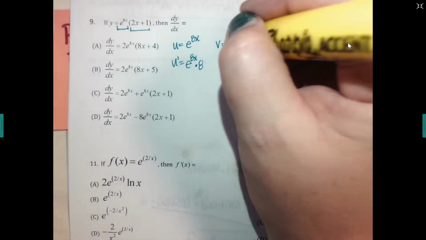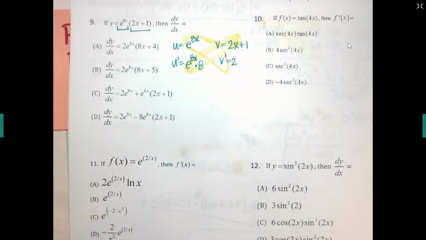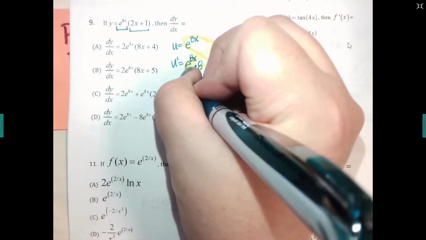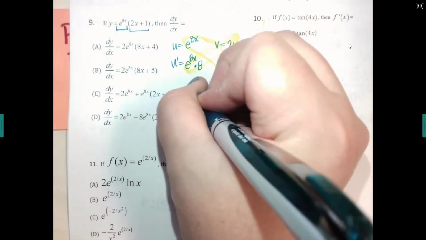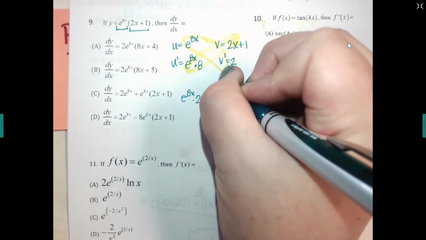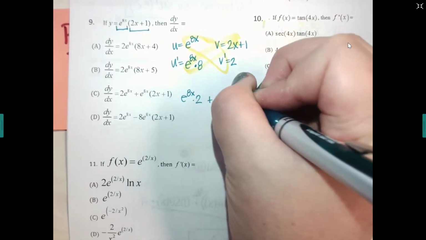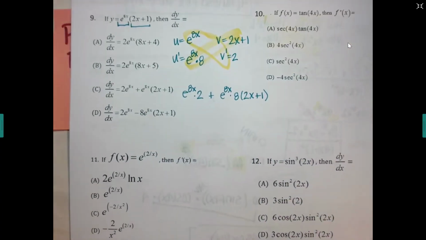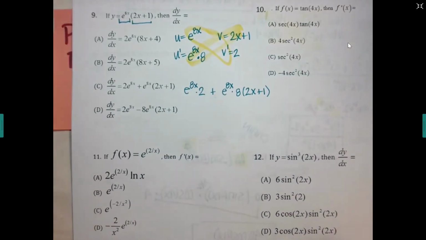Okay, then write your cross product for me. So it'll be this plus this. So I'll have e to the 8x times 2, plus e to the 8x times 8 times 2x plus 1. Okay, now this answer is correct, but none of these answers look like that.